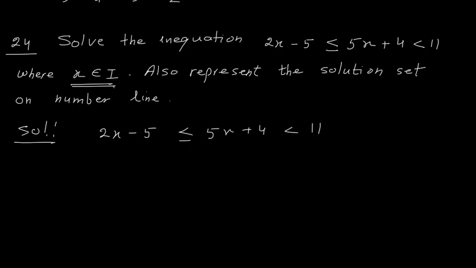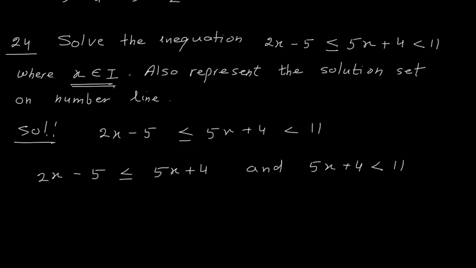So 2x minus 5 is less than or equal to 5x plus 4, and 5x plus 4 is less than 11.